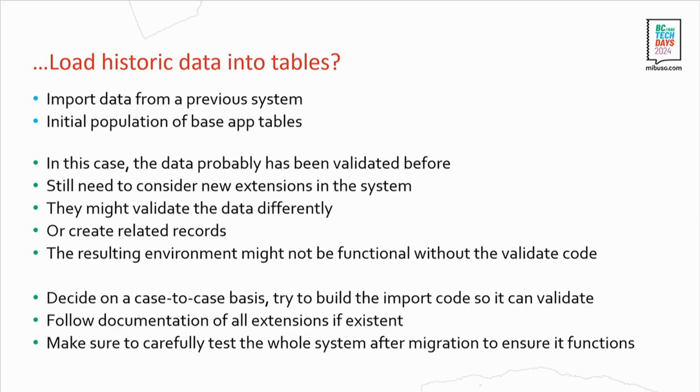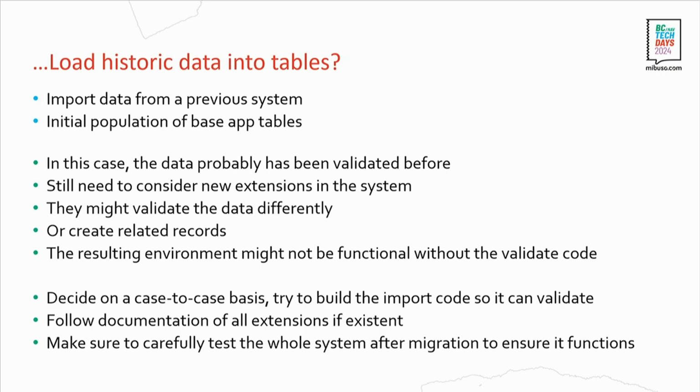So, yeah, in our opinion, you should really try to simulate the user interaction with the system and just automate it. So, calling all the validates, doing the proper way to fill the tables, and then just get everything else populated alongside as if a user would enter the data manually.